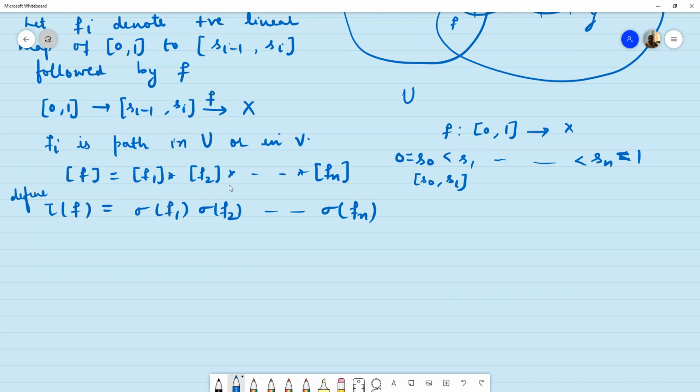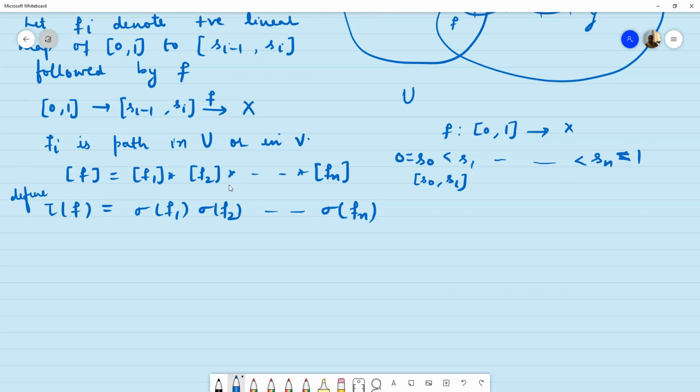So with this definition, we can easily prove that tau is an extension of sigma and it satisfies conditions 1 and 2. Firstly, we show that this definition is independent of the choice of subdivision.